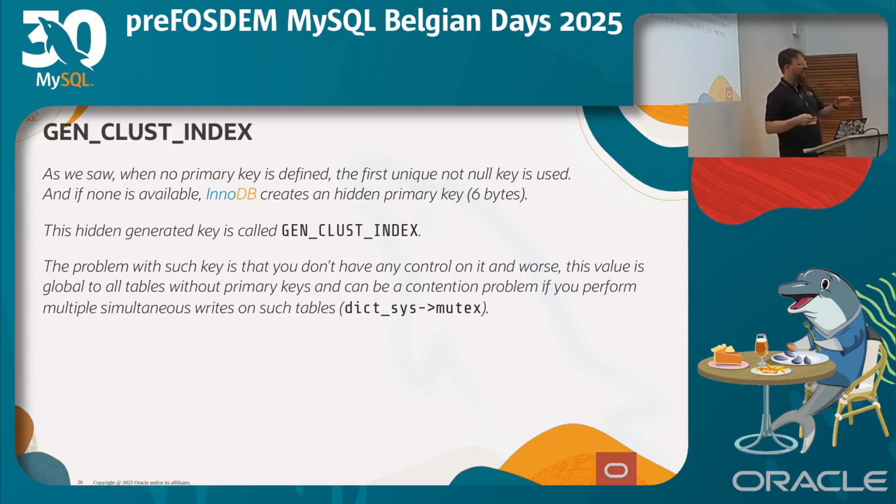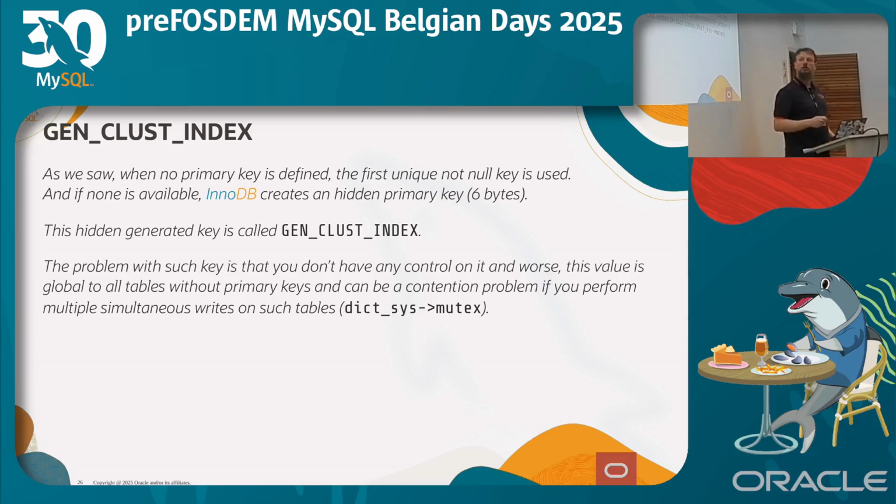The first one says, hey, what's the next value? Meanwhile, you're writing on table 2. Table 2 arrives and says, oh, what's the next value? Oh, wait, I'm replying to the first thread. The first thread says, oh, the next value is 2. Then you release the lock, then thread 2 says, oh, what's the next value? Oh, the next value is 3. But meanwhile, you have thousands of other threads waiting for that value, because it's global for everybody.